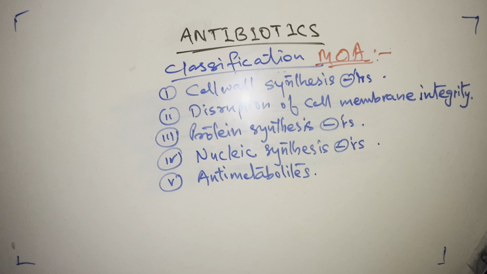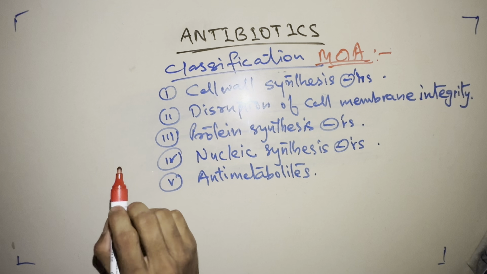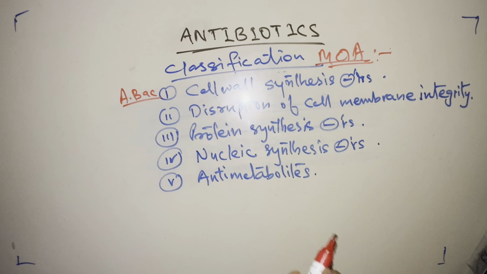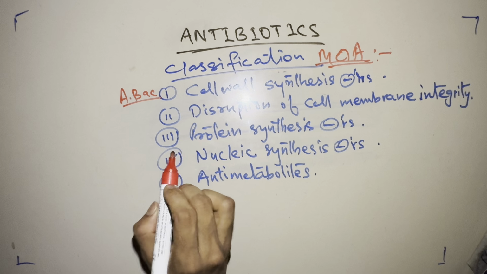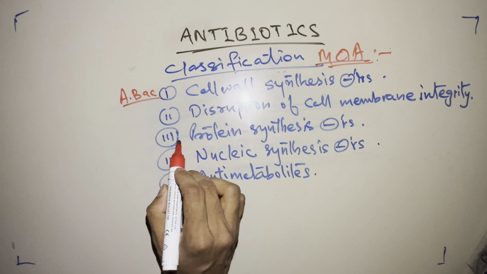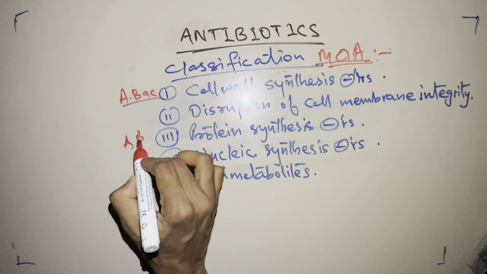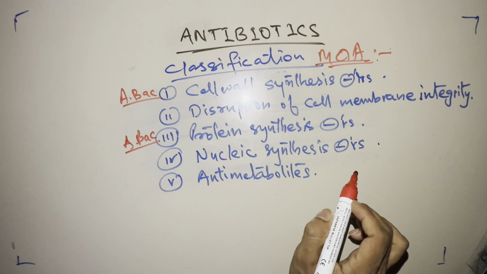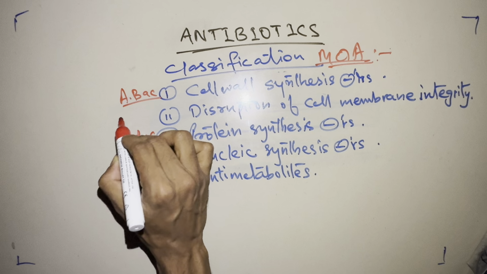Now, which one shows which effect? The first one, cell wall synthesis inhibitor, will be shown by antibacterials. Protein synthesis inhibitor will also be shown by antibacterials. Disruption of cell membrane integrity will be shown by antifungal agents.